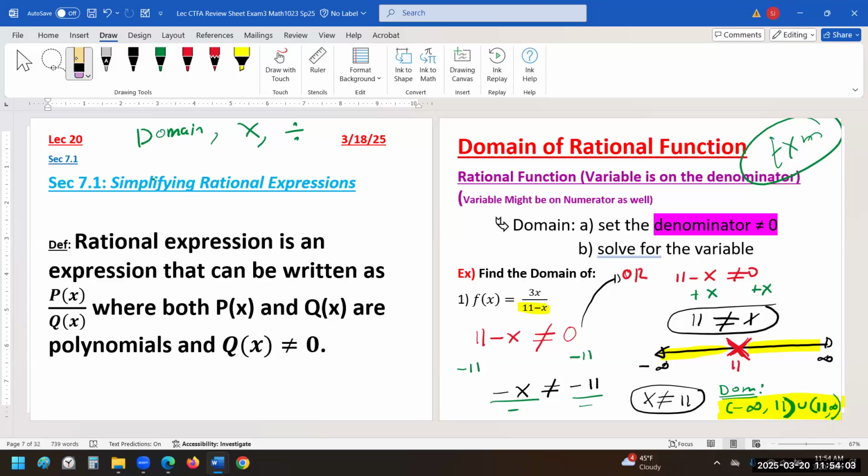And then you solve for x. When you solve for x, you need to give me the interval notation. So when you solve for x, it tells you what you cannot substitute your x with. So from the entire number line, you take everything else except that number.